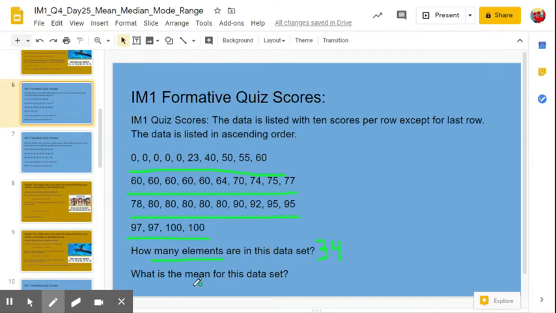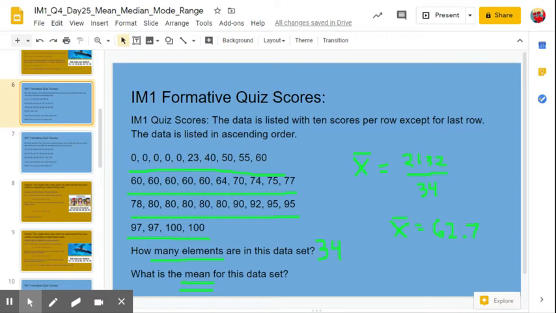Now, I'd like you to carefully determine the mean. And why I say carefully is, golly gee whiz, we have a lot of numbers here. So you need to be careful. Use your calculator, but make sure you're keying in the right number. What is the mean for this data set? To represent the mean, I'm using what's called X bar. I have an X with a bar above it.